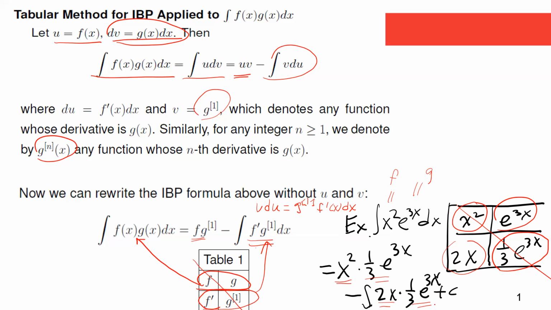That's the result of the first application. We do not need to think about u and dv. In a moment, we're going to finish this one, and you will see this new way is a lot simpler, especially if we need to apply this method more times to an integral.